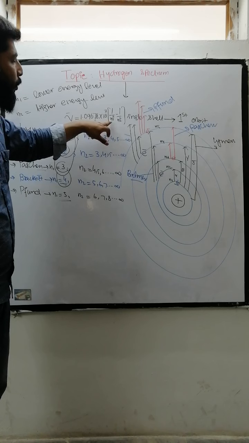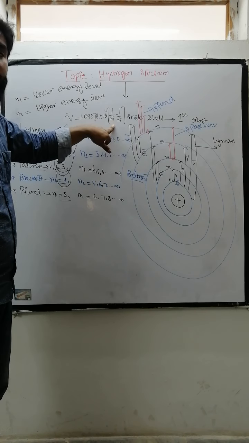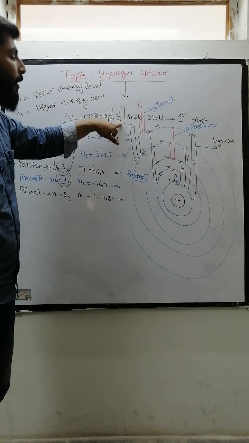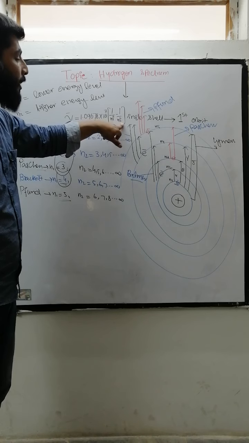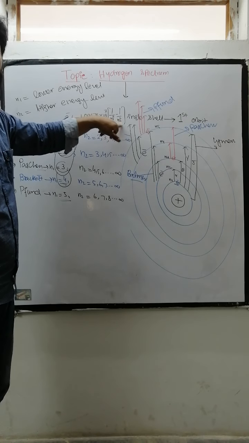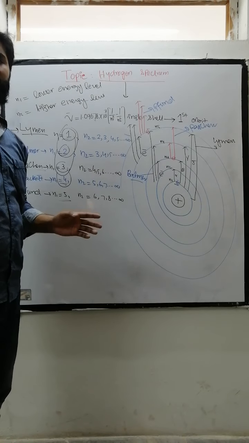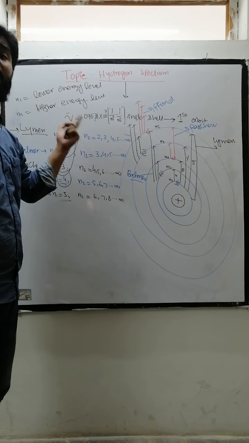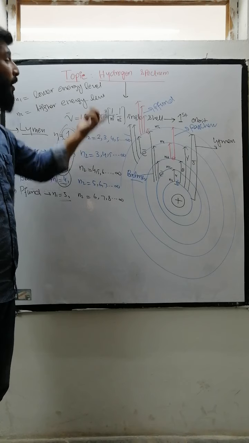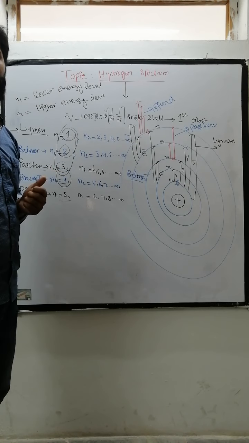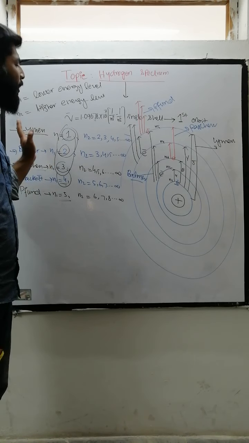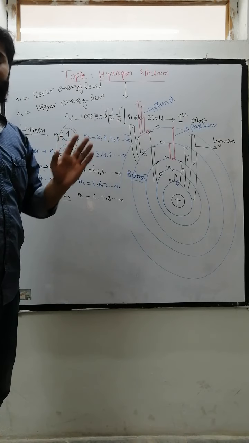For the Pfund series, you will have n1 equal to 5, then n2 will be 6, 5, 7, 5, 8, 5, infinity. You will get the number of wavelengths, number of frequencies, number of wave numbers and number of transitions in general. So you can find the wave number for each transition.